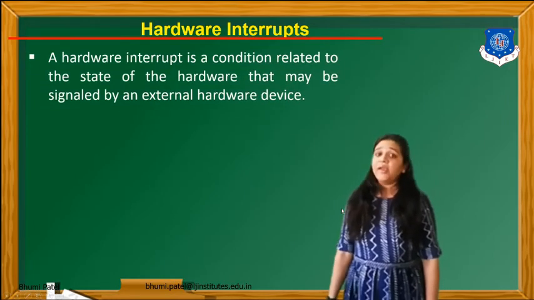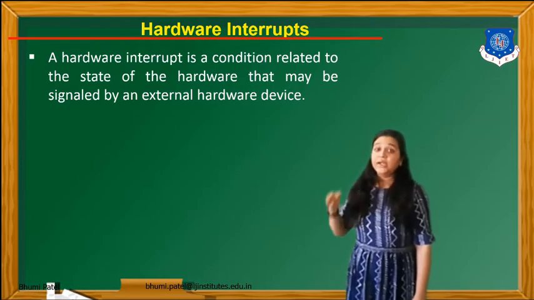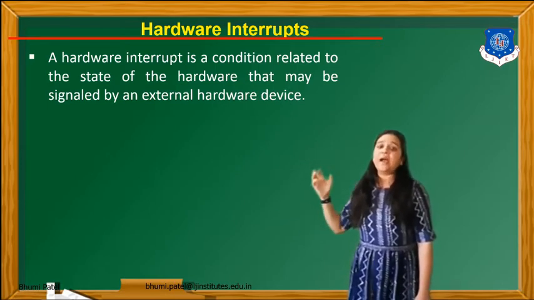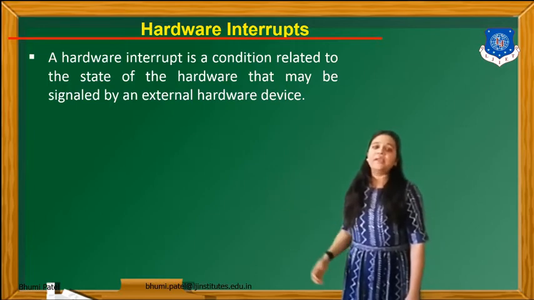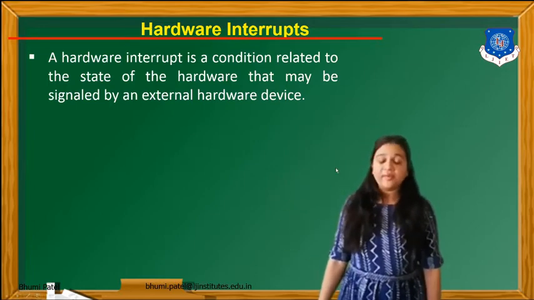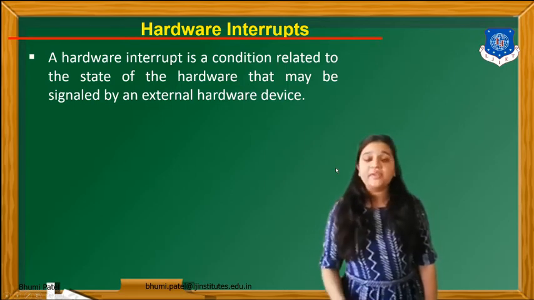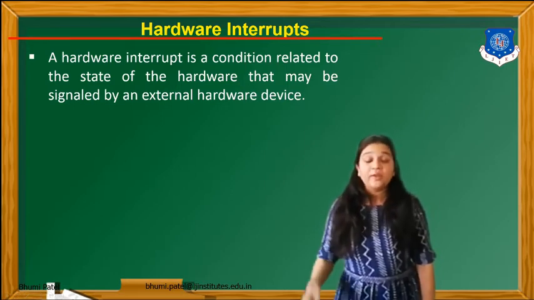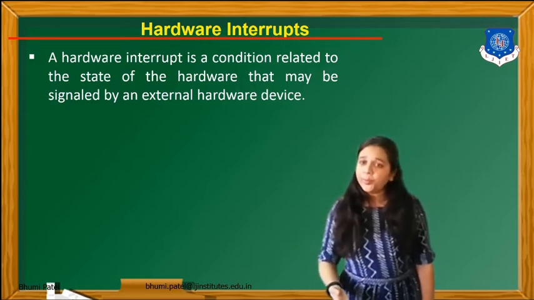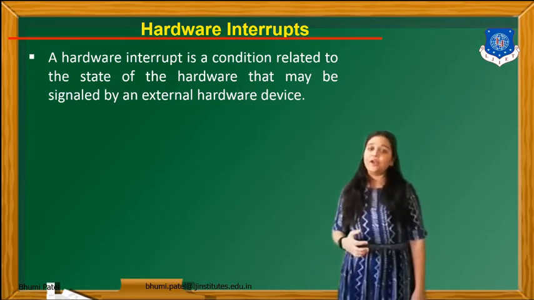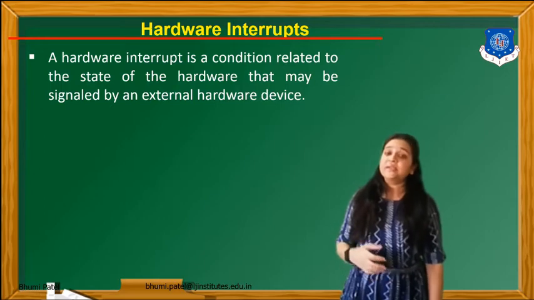A hardware interrupt is a condition related to the state of the hardware that may be signaled by an external hardware device. As we studied in chapter number 4, we can interface different types of input and output analog devices with the PLC hardware.